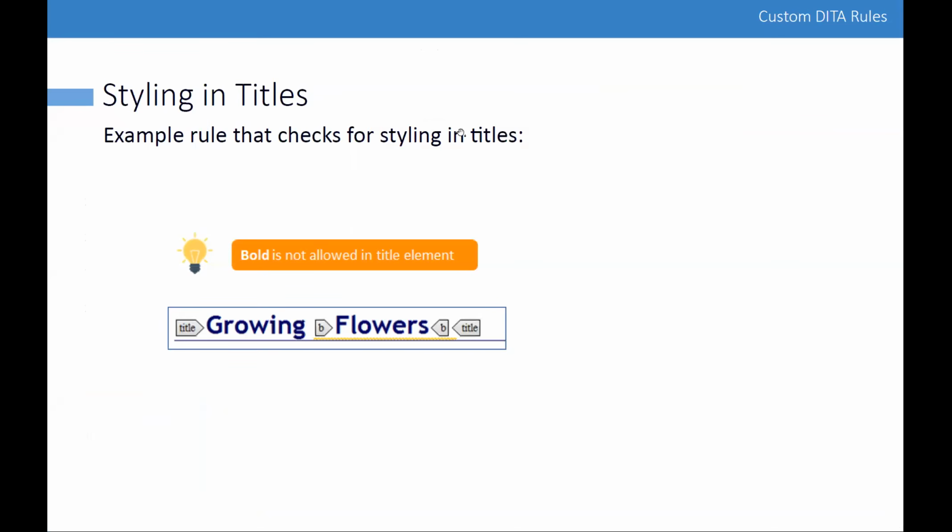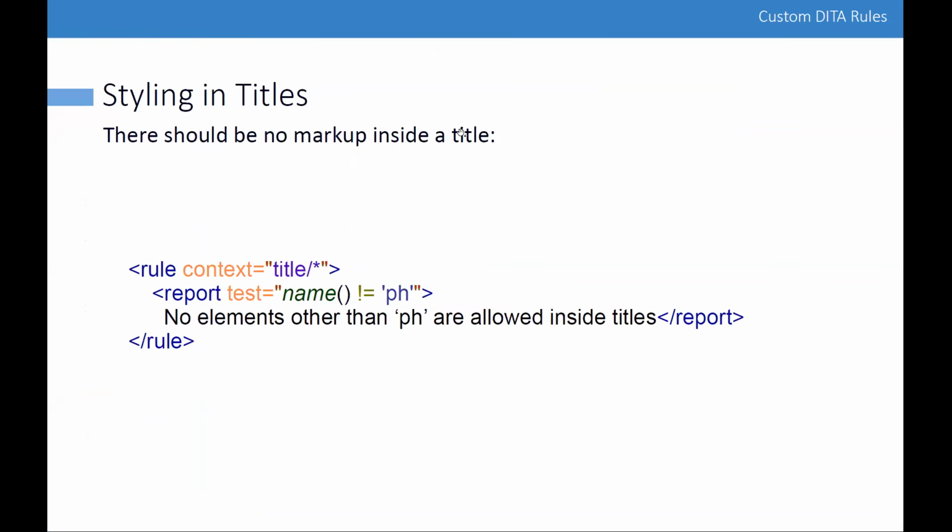And to implement this rule, it should be something like this. You check the elements from the title, and if the name is different from ph, then report a problem.